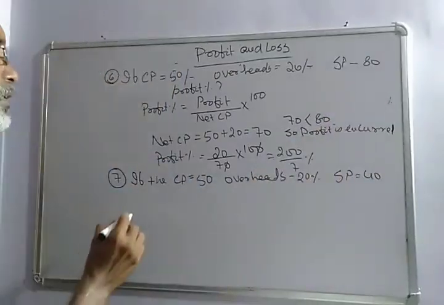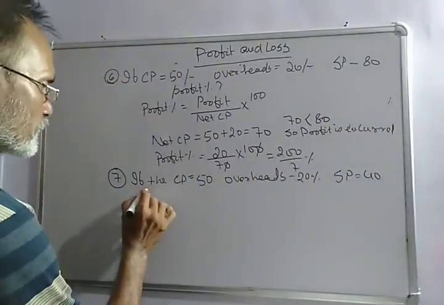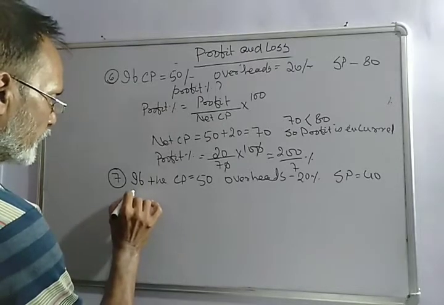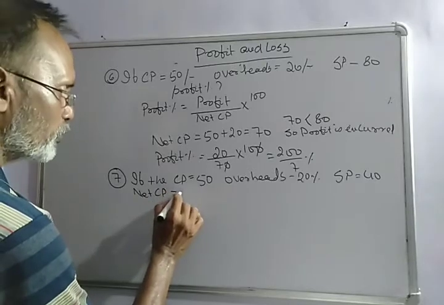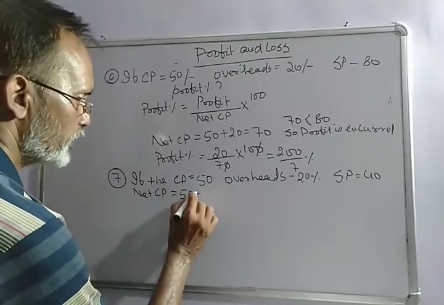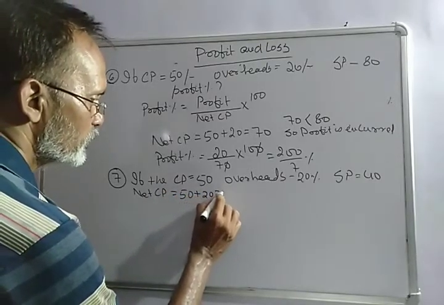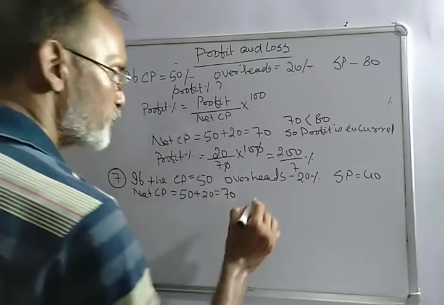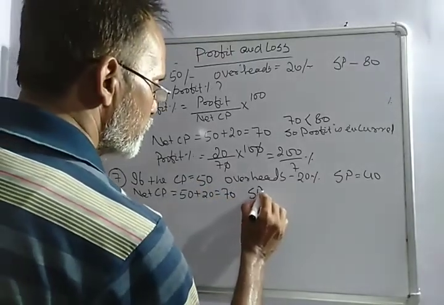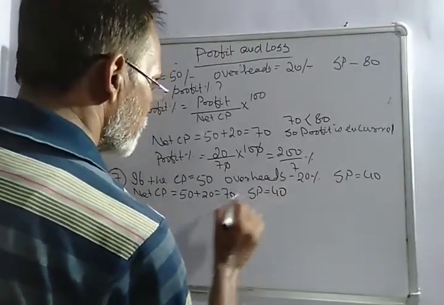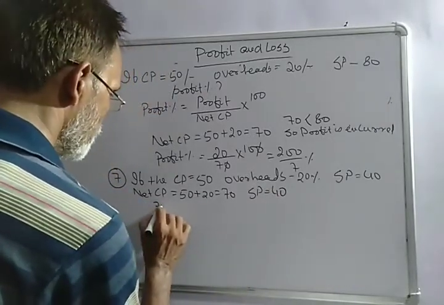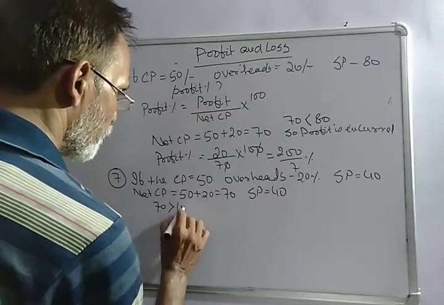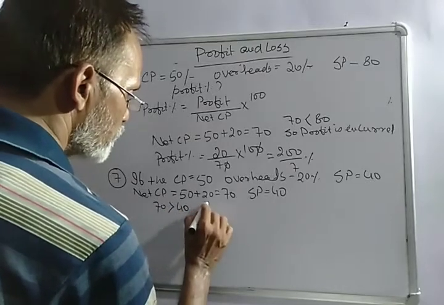But here, net cost price is equal to 50 plus 20 is equal to 70. Selling price is equal to 40. So 70 is greater than 40. So loss is incurred.